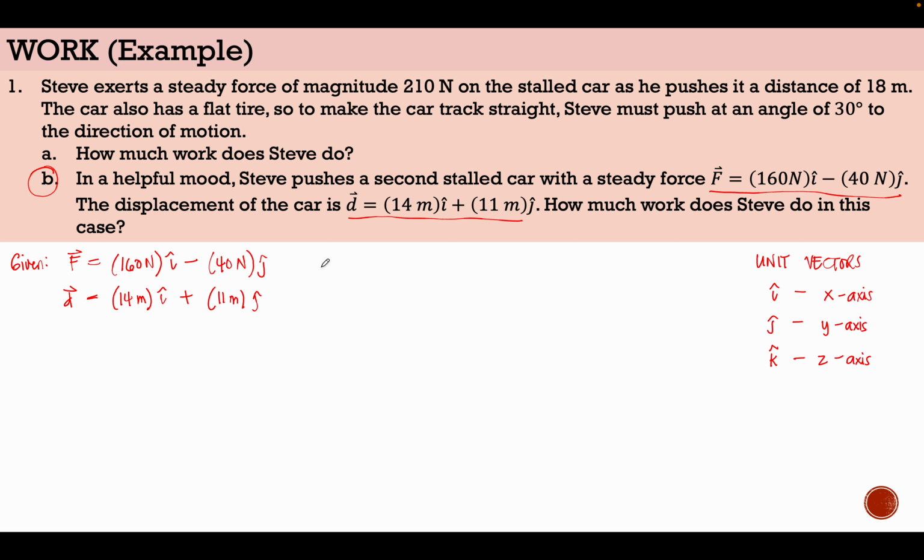Now let's go back to the question. How much work does Steve do in this case? Again, we will solve for the work done by Steve on the second stalled car.